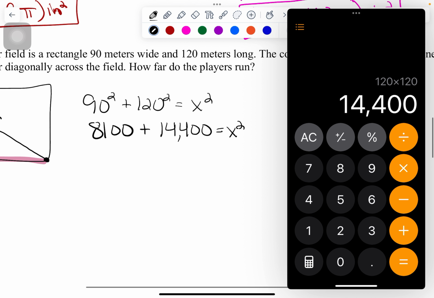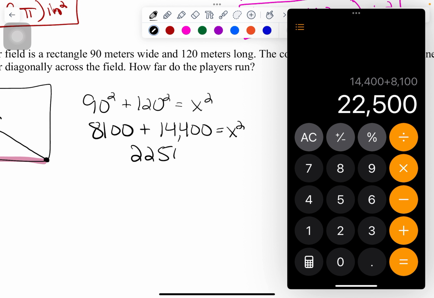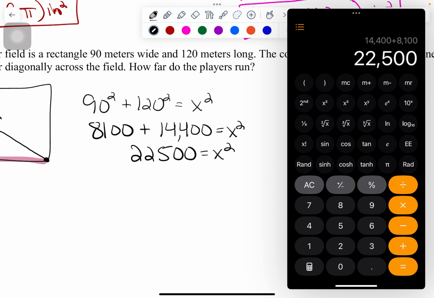So 14,400 plus 8,100 is 22,500 equals x squared. On the off chance that I can take a square root here, I'm going to grab scientific and take the square root of that last answer. Oh, that is perfect. So x is equal to 150.